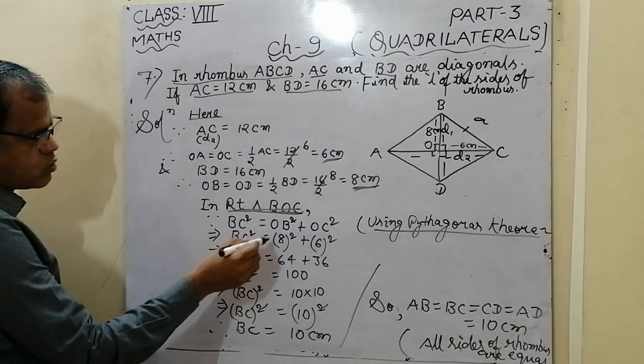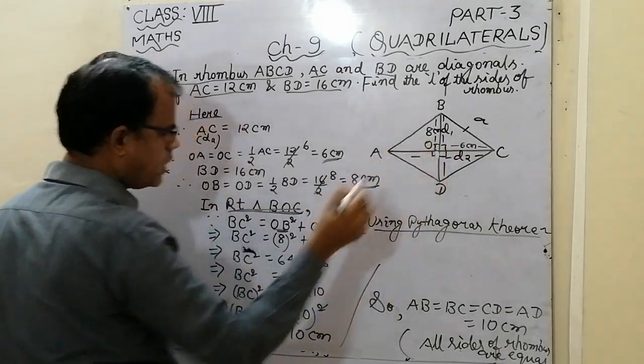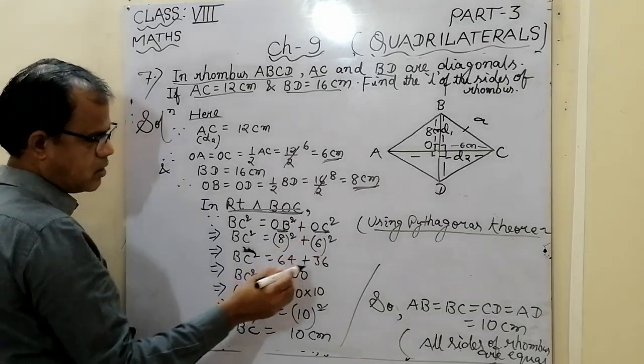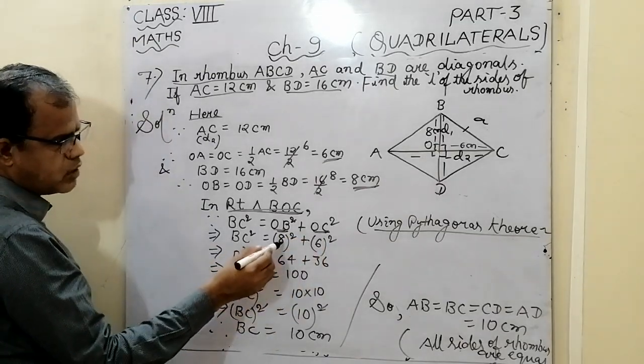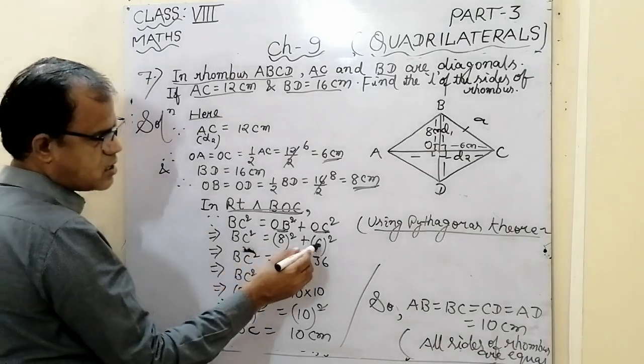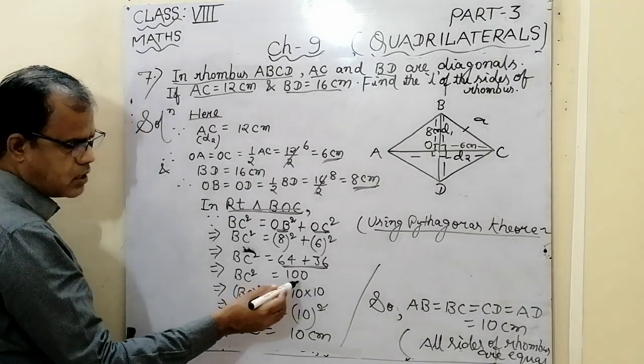So BC square equals 8 square plus 6 square, 64 plus 36, BC square equals 100.